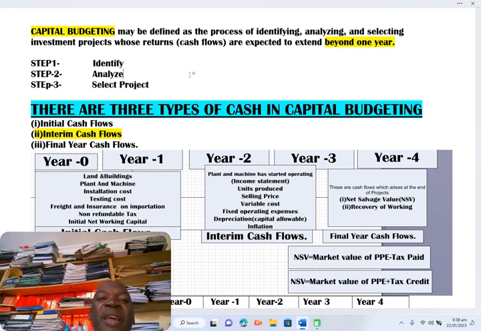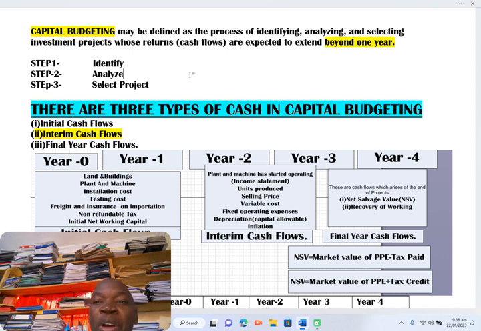For example, investing in agricultural projects: if the project will last 5 years, you need initial cash flow, interim cash flow, and final year cash flow. So that qualifies as capital budgeting.